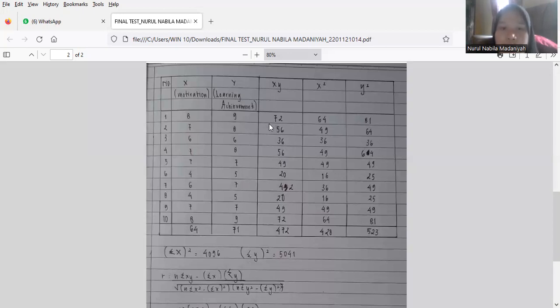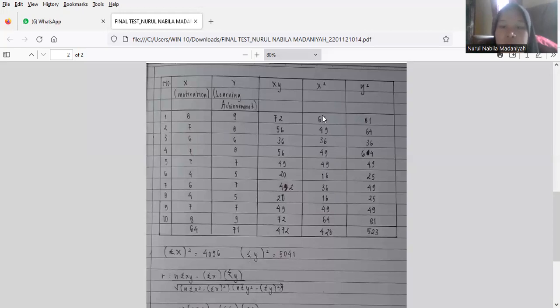Why can I get the answer 72? It is from 8 times 9, it is 72, and 7 times 8, it is 56, and etc. And then we move to the x quadrat. It has 64, 49, 36, 49, 49, 16, 36, 16, 49, and 64, and the total is 428.